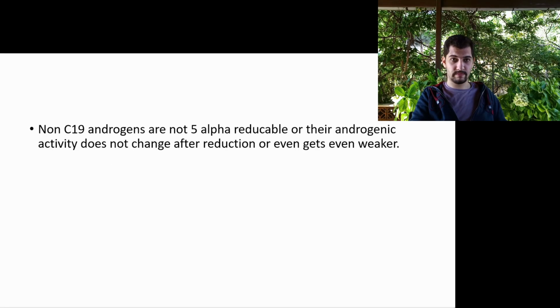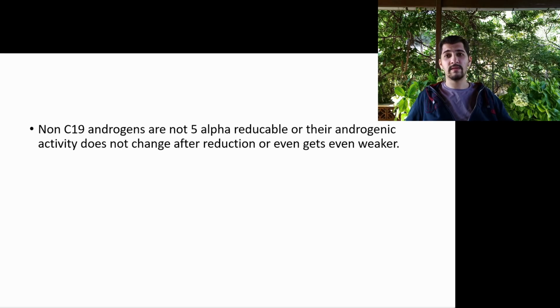That's very important. Also, keep in mind that non-C19 androgens are not 5-alpha reducible in a general sense, or their androgenic activity does not change after the 5-alpha reduction itself, or it gets even weaker.